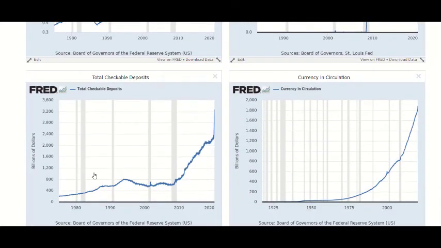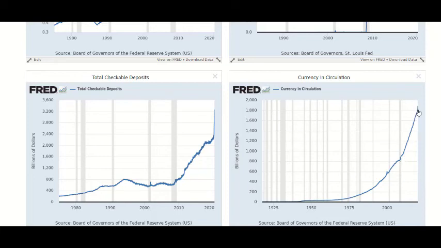And here's just total checkable deposits in billions. And see here, you see it moving along, and there it shoots up dramatically the past 2 months, right here. And then currency in circulation, look at it, exponentially growing over all these years. This is going way back, growing all these years. Look at that bump up in 2008, 2009 in the Great Recession as the Fed pumps liquidity into the market.